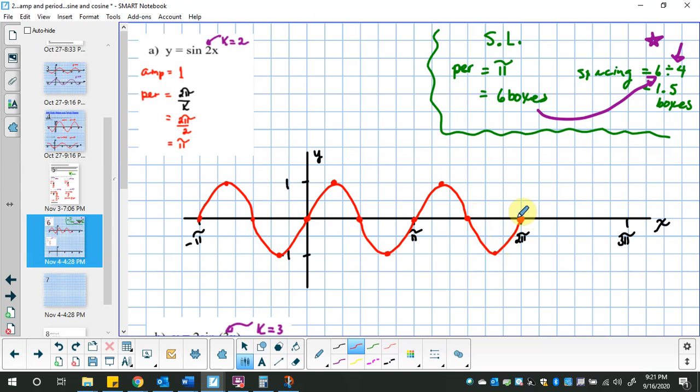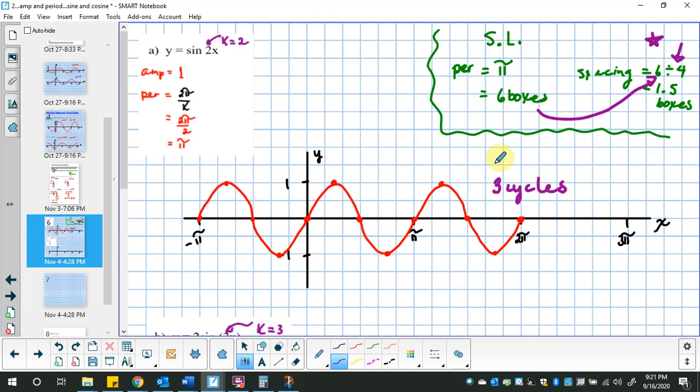There we go. So a couple of things I want to tell you. Number one, this is 1, 2, 3 cycles. I could ask you for 1 cycle, I could ask you for 10 cycles, I could ask you for 2. I've decided to draw 3 of them.